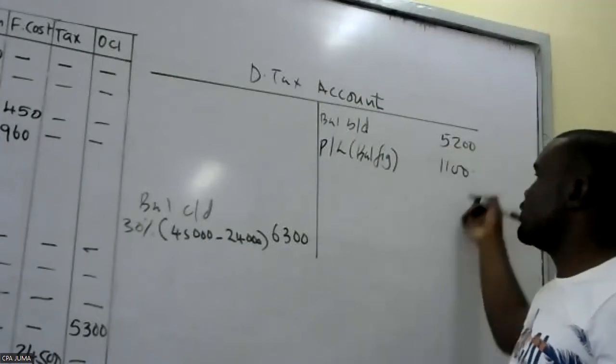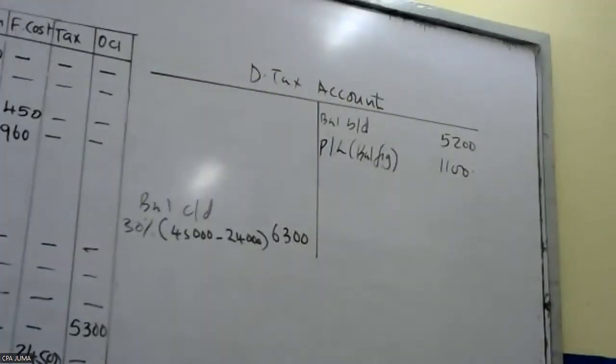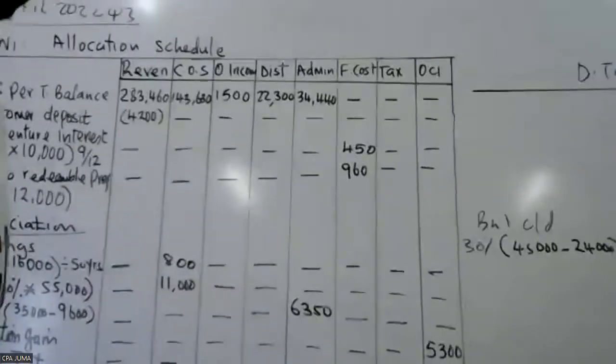1,100. So go to the allocation schedule.